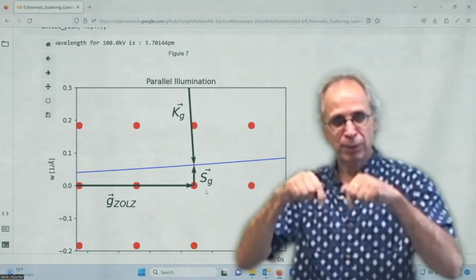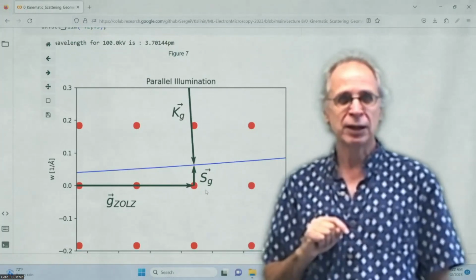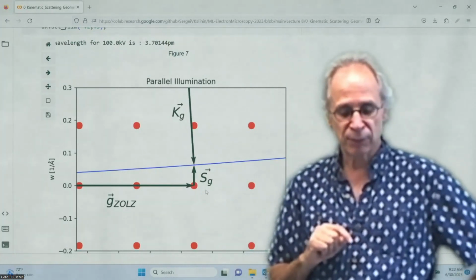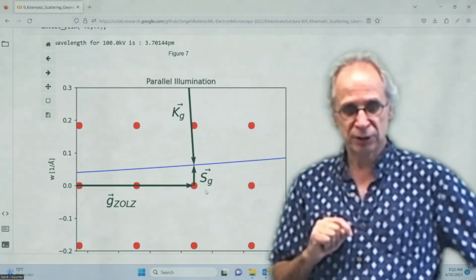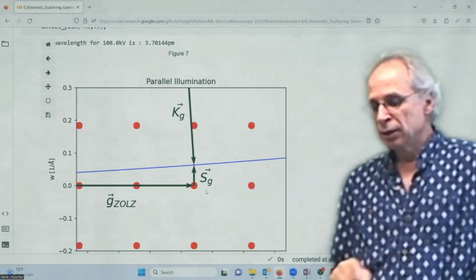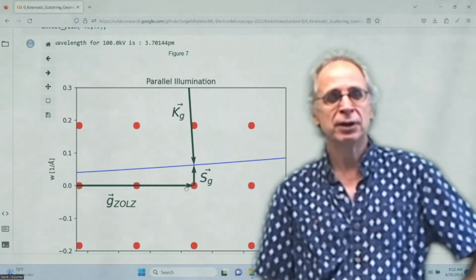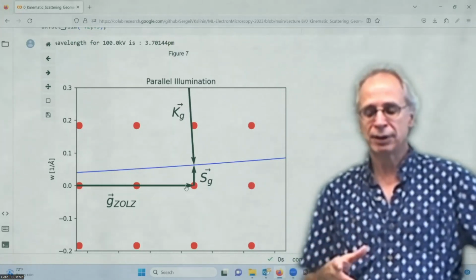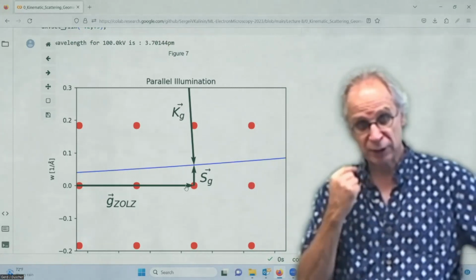So if it goes in the same orientation as your incoming reciprocal wave vector, then it is positive. If it points against it, it's negative, right? And you can see we have a right angle here. And so again, everything here is trigonometry.